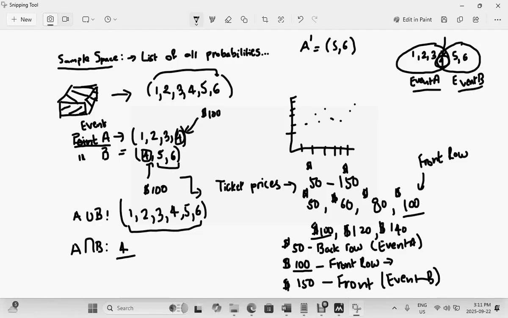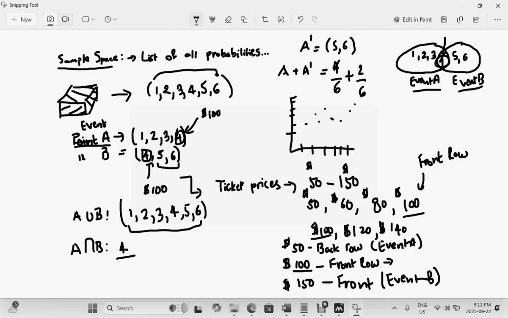And as a rule of thumb, when you add these two together, so let's say A plus A prime, this will be written in fraction form. You have four numbers over here, 1, 2, 3, 4, so this is 4 over 6, plus you have 2 over 6.